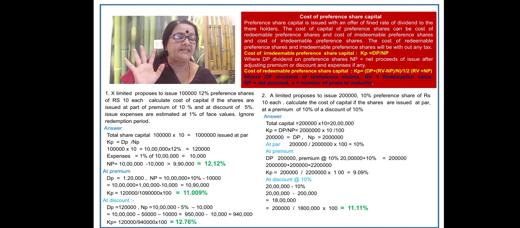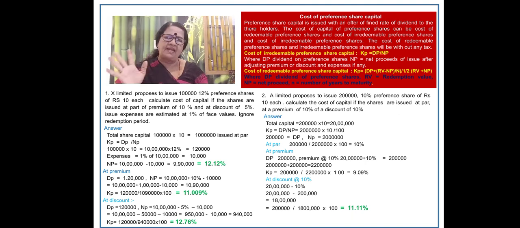So 10 lakh minus 50,000 minus 10,000. It is coming 9 lakh 40,000. So 1 lakh 20,000 divided by 9 lakh 40,000 into 100. It is coming 12.76%.